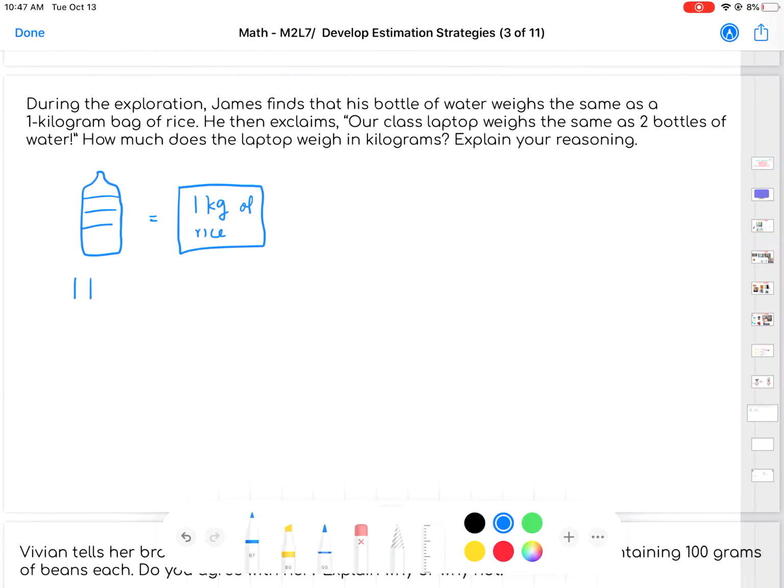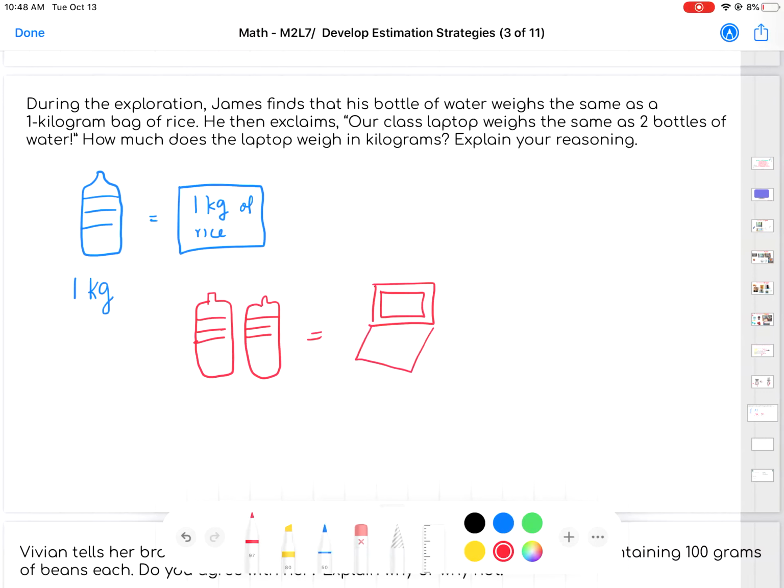Then after measuring this, he figured that 1 bottle of water is about 1 kilogram. And later, he found out that 2 bottles of water is the same as 1 class laptop.